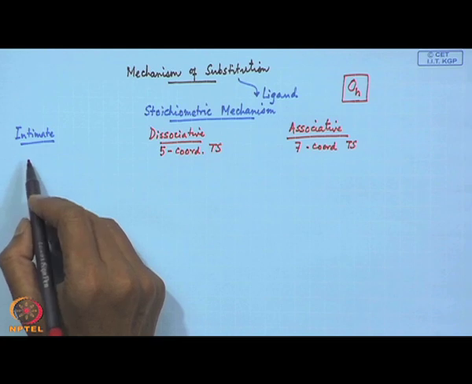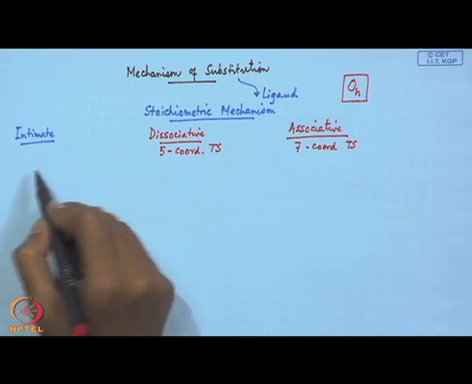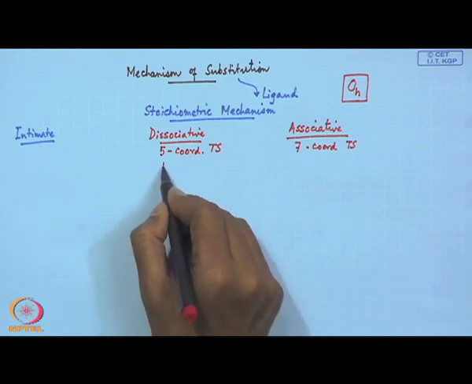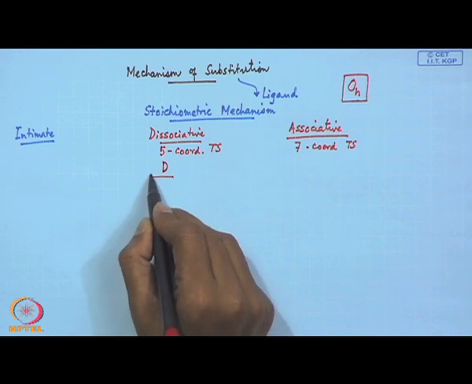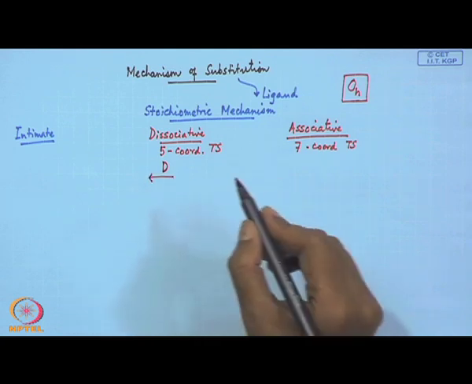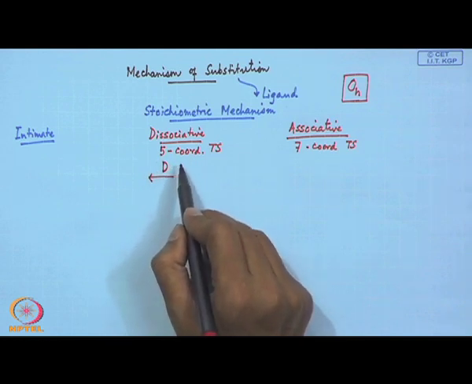So, we can have two different types of activation, the dissociative activation and the associative activation, and we have the mechanism known as D, where in the extreme case we have the corresponding dissociative activation and we get the corresponding 4 coordinated compound.